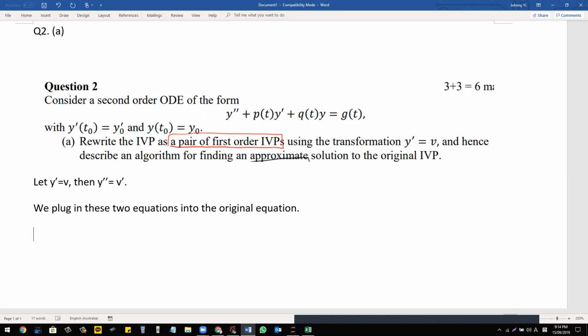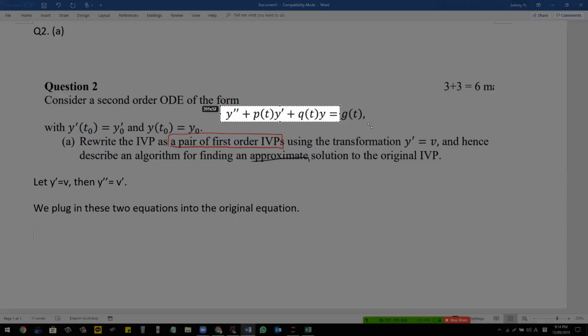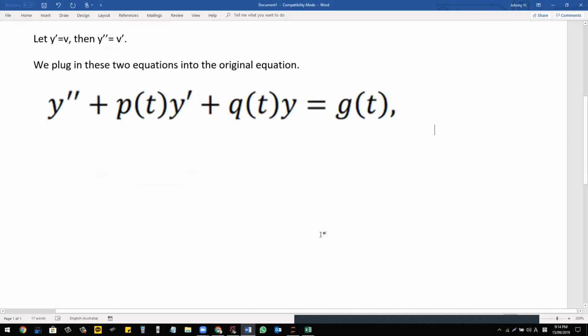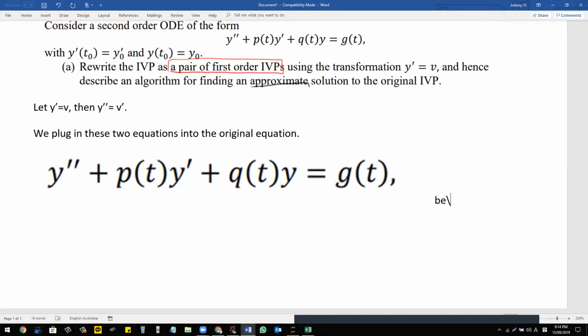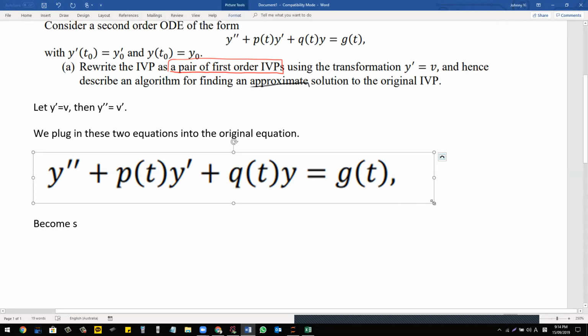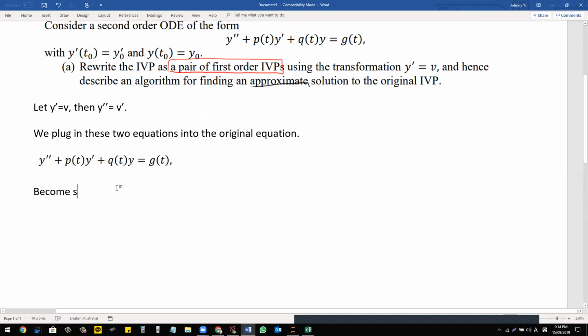Then this original equation becomes v dash plus p of t times v of t.